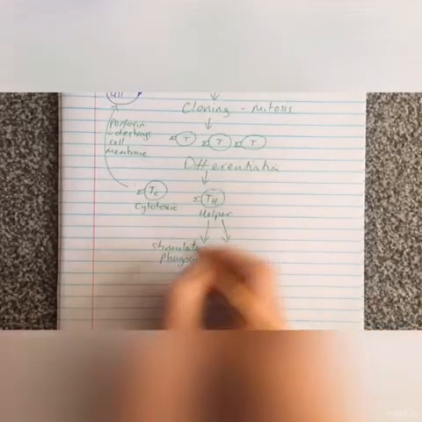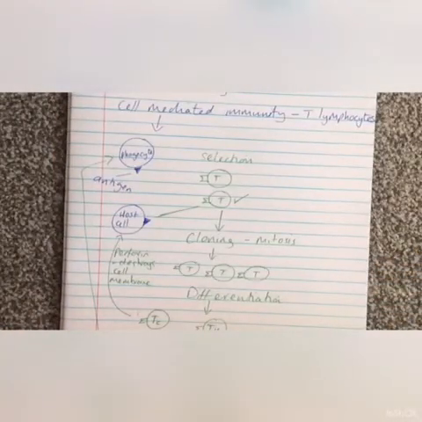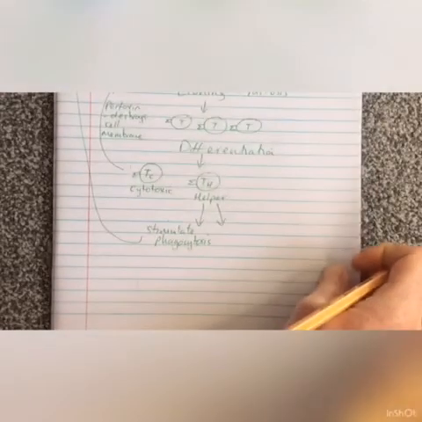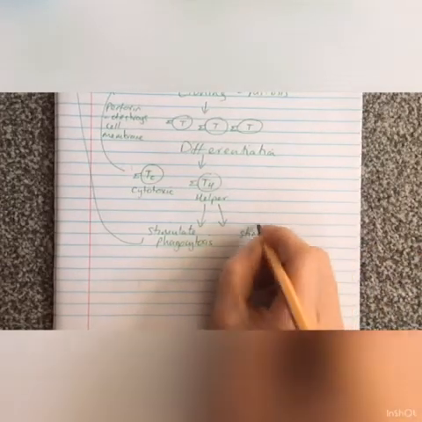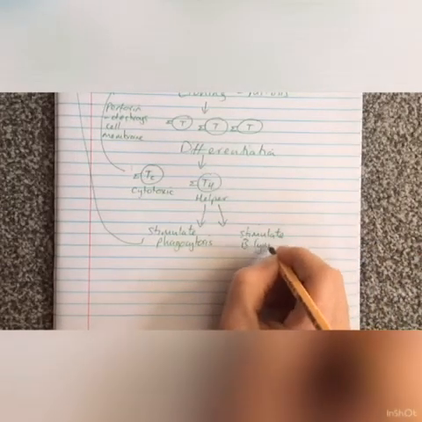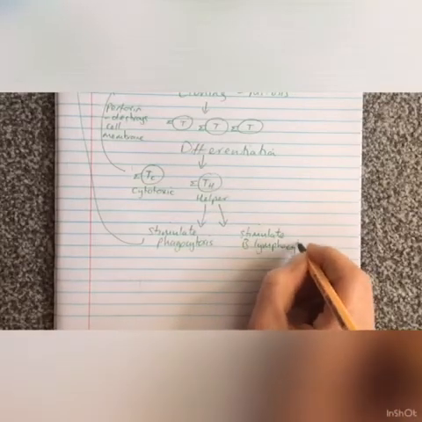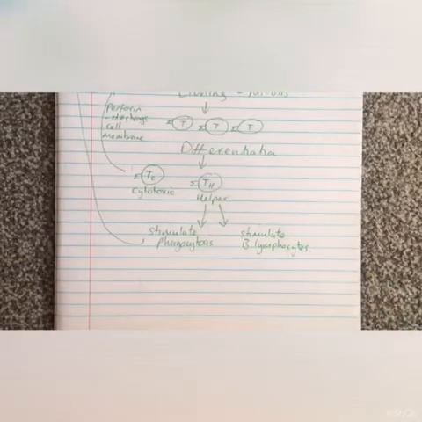So they will be like, right, come on phagocytes, we need you to crack on and destroy any antigens, any pathogens that you can. And the other ones stimulate B lymphocytes. And then when we look at this next lesson, I'll explain how that works.